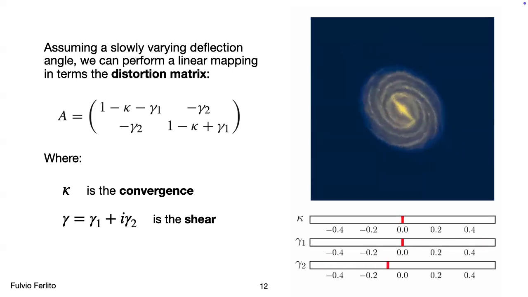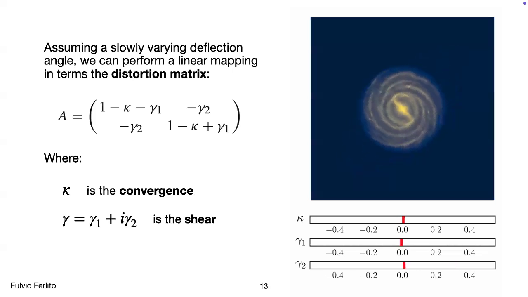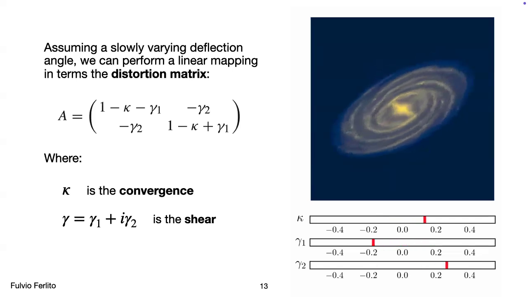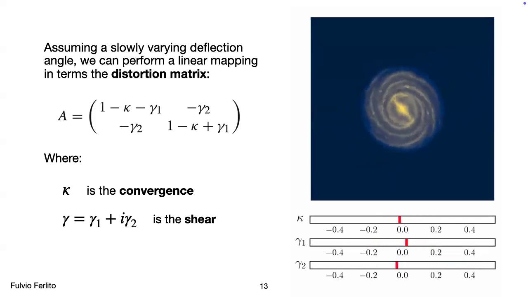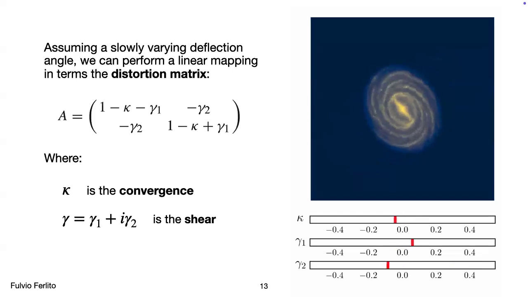So with these three numbers, we can create a linear mapping of a distortion of an image. And usually in weak lensing, we can use convergence and shear interchangeably, to some extent.